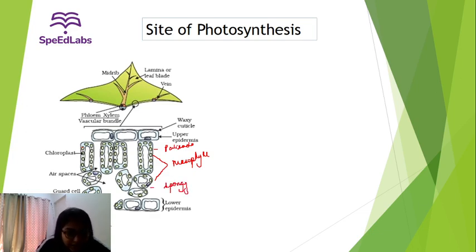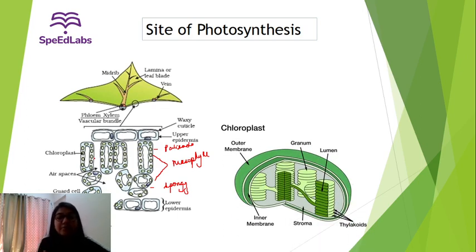Here we can see these circular structures which are chloroplasts, and you all know chloroplast is the cell organelle where photosynthesis occurs. It is the cell organelle which carries the pigment chlorophyll. This is how a chloroplast looks. It is a double membranous cell organelle.